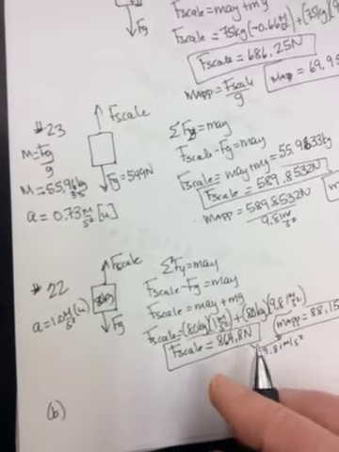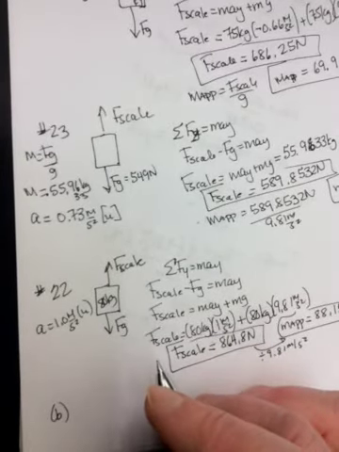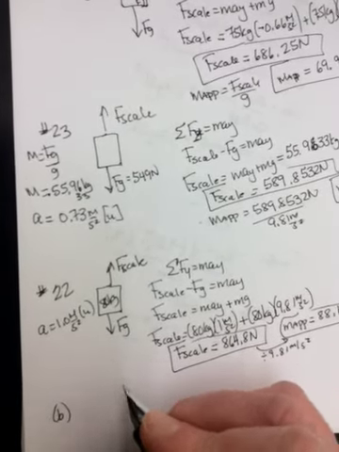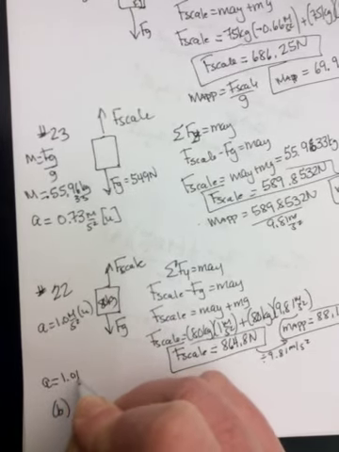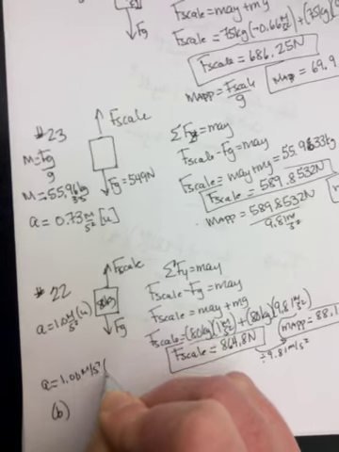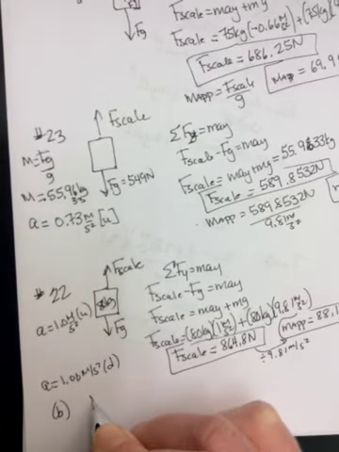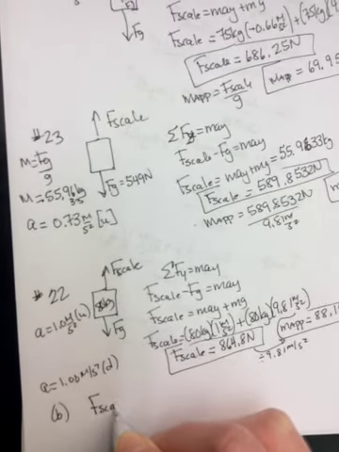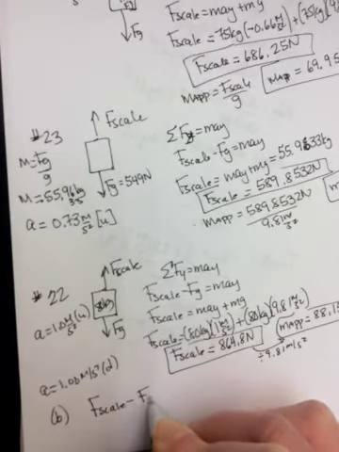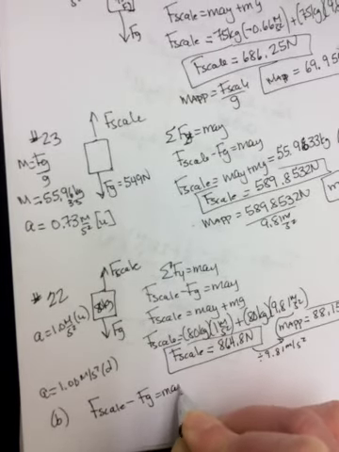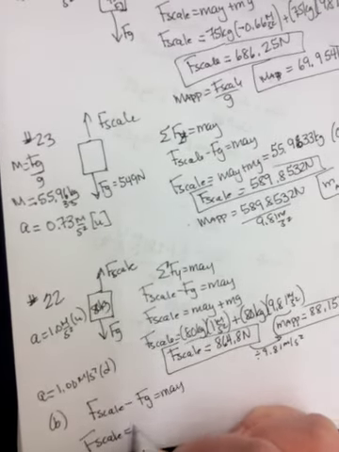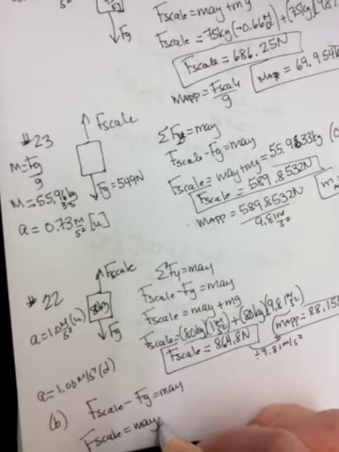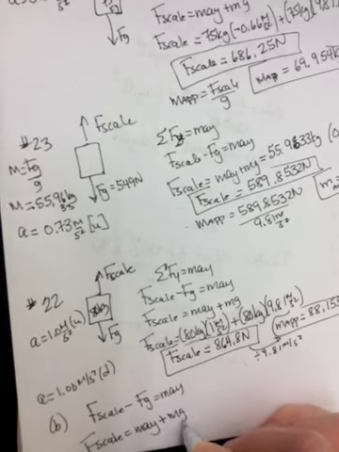B wants to know what is the apparent weight and mass of the same person as it begins to slow down. So it's still going up, but it's slowing down. So now its acceleration is down. So again, it'll be F scale minus Fg equals MAY. So F scale will equal MAY plus Mg.